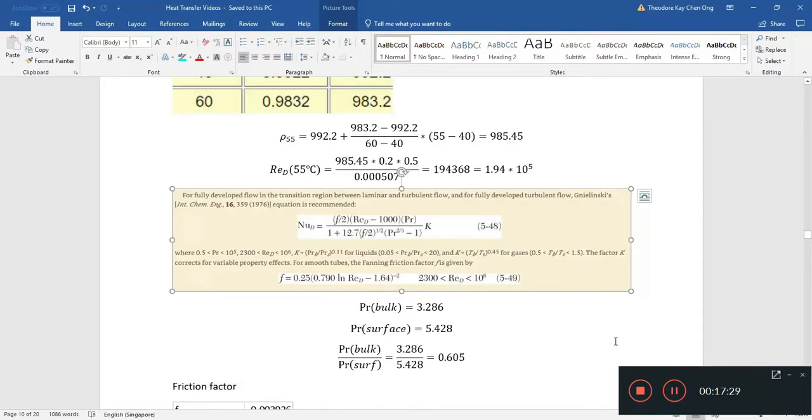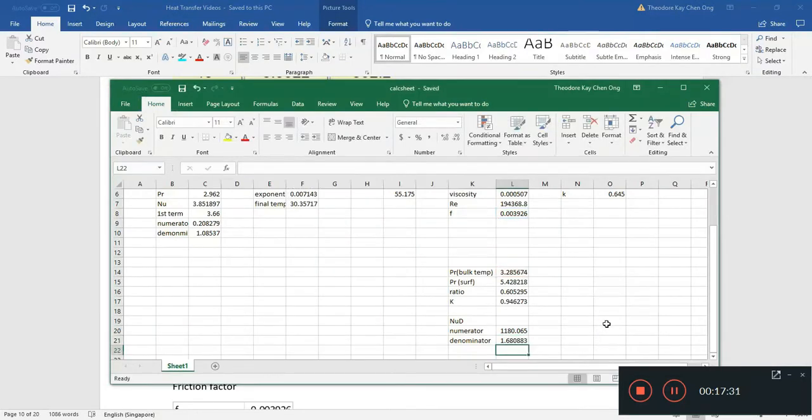Okay, so let's look at the Nusselt number. Oh, 702. That's a very crazy high Nusselt number.